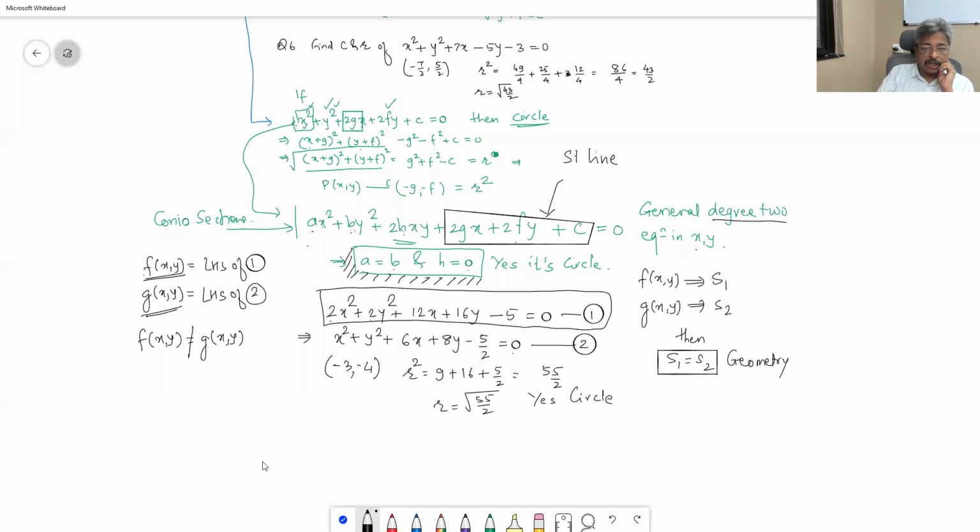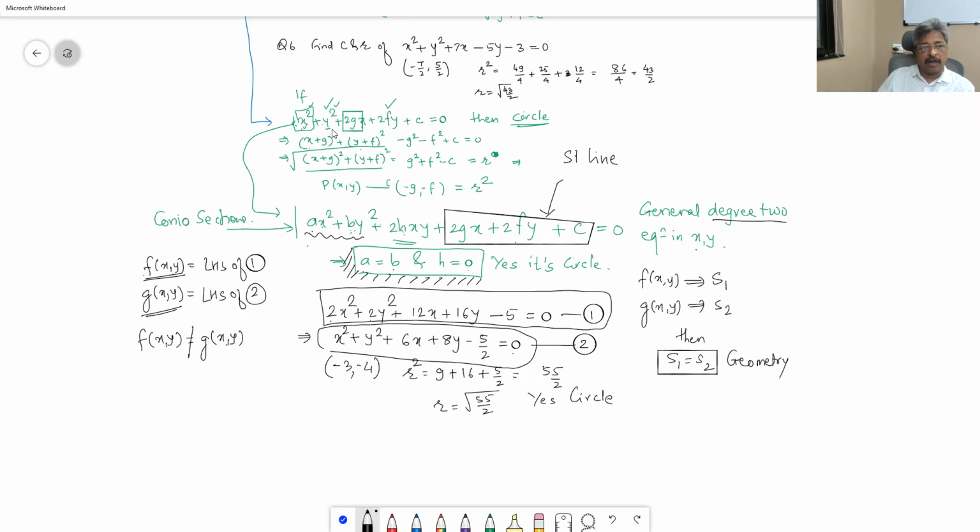Okay, so in general, let us not get confused by dealing with this kind of equation. You have to remember this, it will be useful many times: you make the coefficient of x square and y square 1 if it is not 1, and then report center and radius.